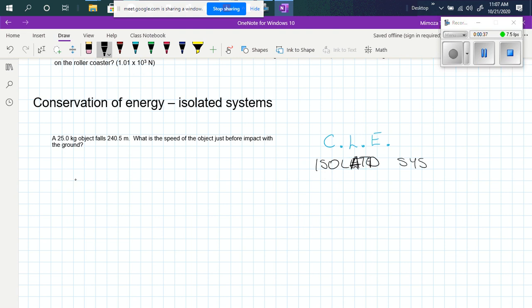So in an isolated system, the energy is conserved pretty much.